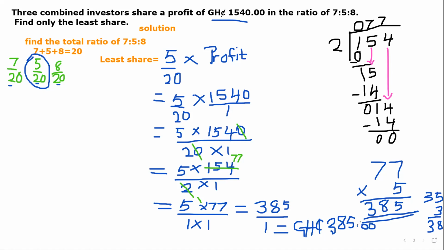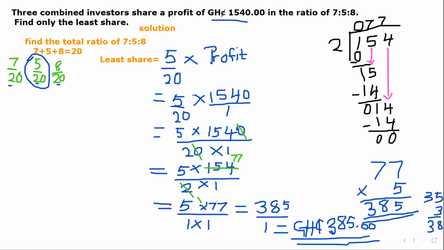Don't put the 2 digits here. 385 Ghana cedis. Okay, so here, don't waste time to calculate each person's share, but if you are able to identify the least person or the least fraction, then you do the calculation.